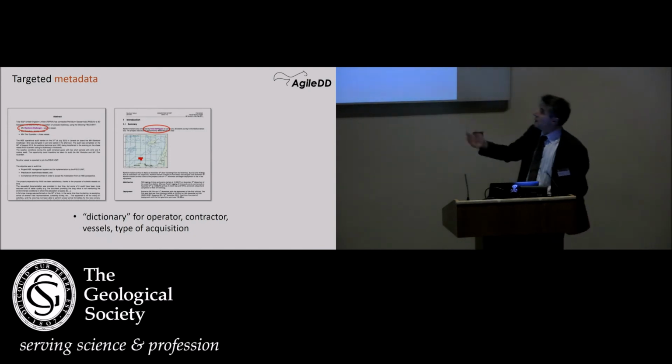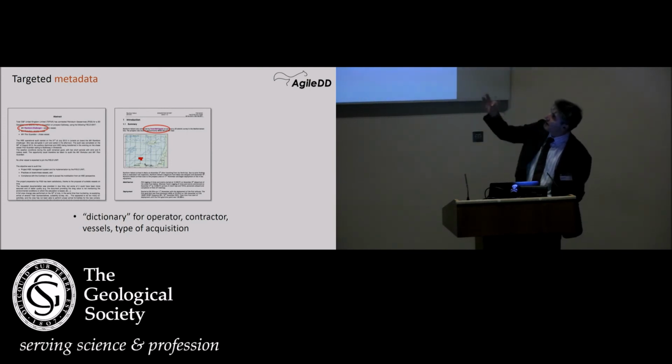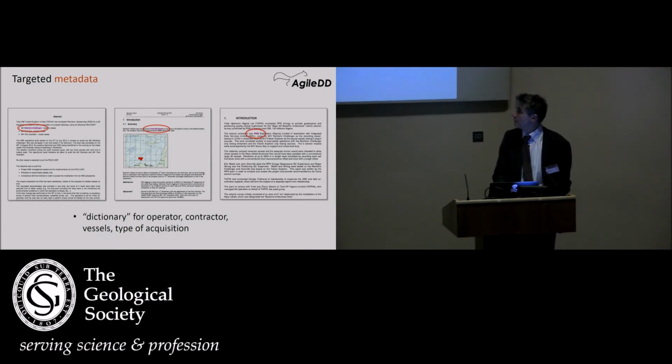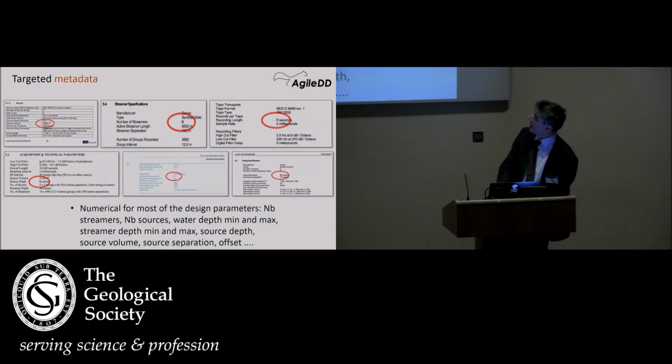So to help you extract this information, in addition to the context analysis, you can input a dictionary and a dictionary of synonyms. That was the case for operator name, contractor name, name of the vessel, type of acquisition, things like that.